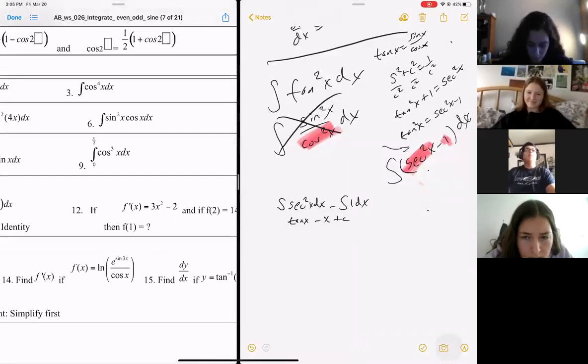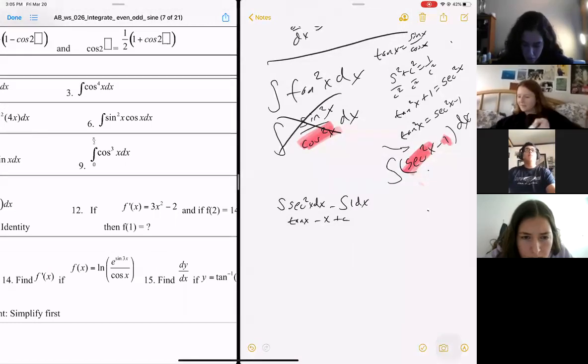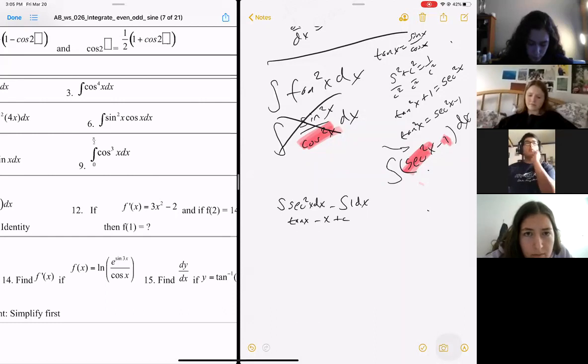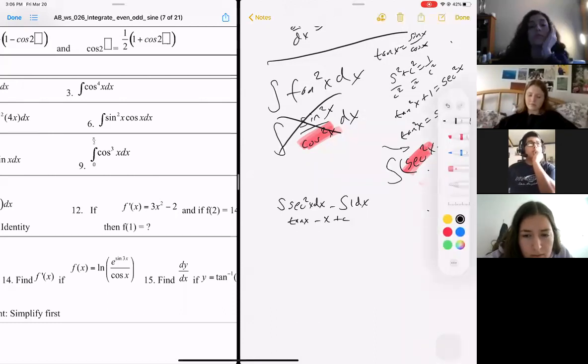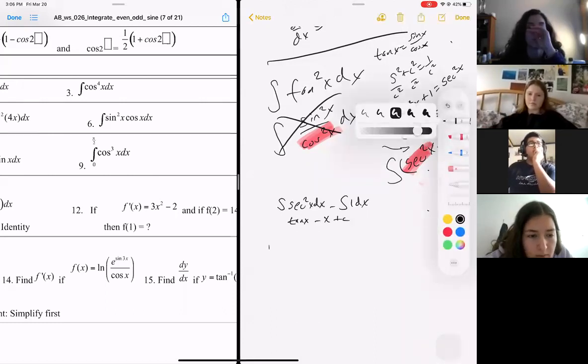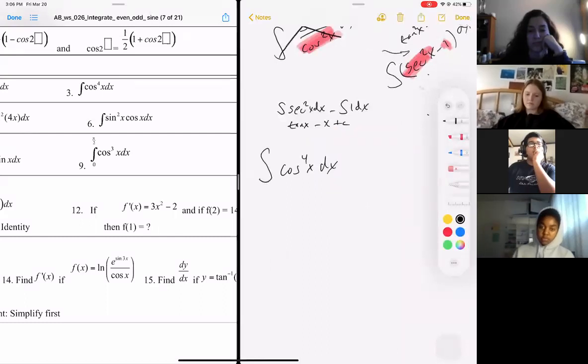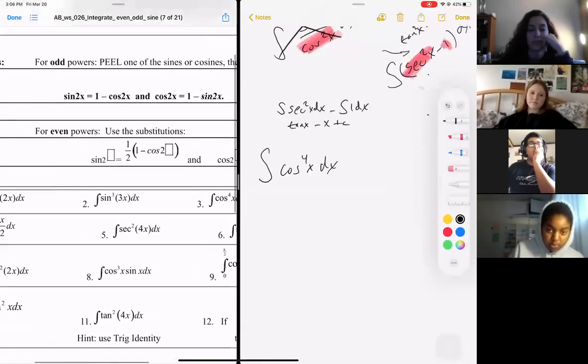If you look at problem number 3, it's probably one of the hardest problems on this because it's to the 4th power. I'll just give you a hint. You guys might want to try it. It's going to be the integral of cosine to the 4th power x dx. If it's even, we have to use our power reducing.